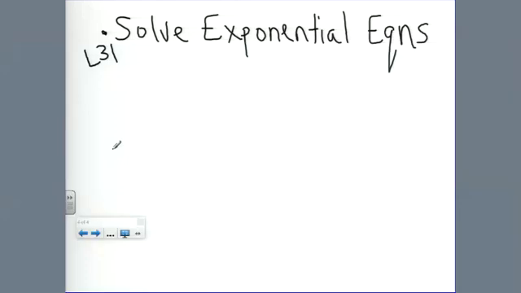Our first equation: we have 8 to the x power equal to 16. If possible, try to get each base to be the same base.